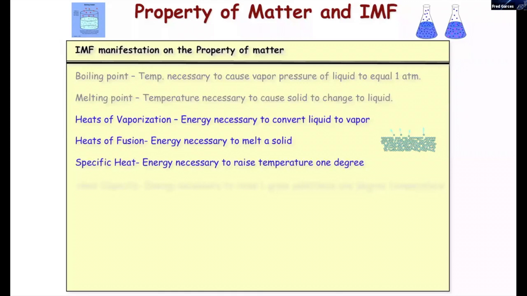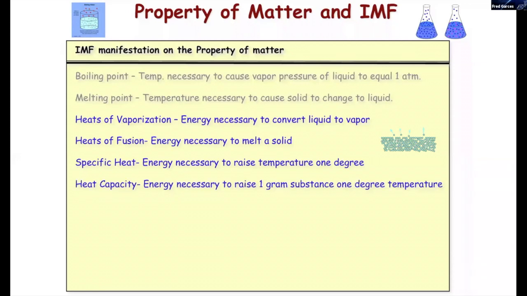Specific heat, and heat of fusion, that's the amount of heat that you need in order to melt a substance, or the amount of heat that you need in order to raise the temperature. Again, if the intermolecular forces are strong, these things will all be high. Heat capacity is the energy that you need to raise 1 gram of substance 1 degree. Remember, specific heat is the energy you need to raise any substance 1 degree.